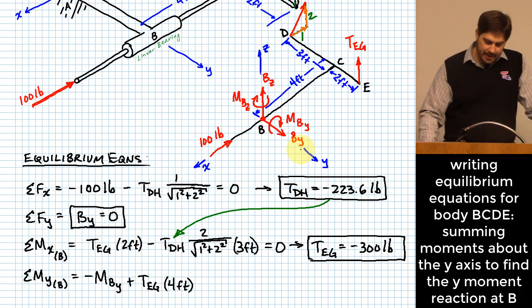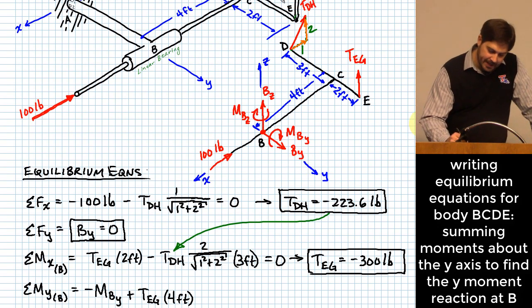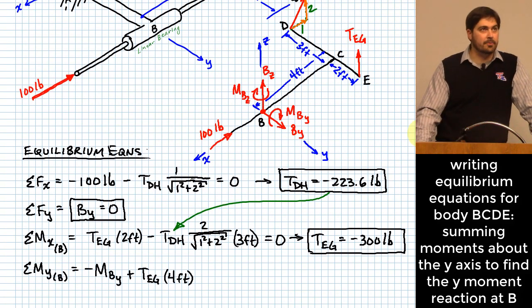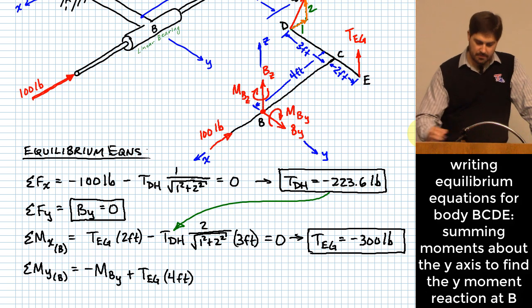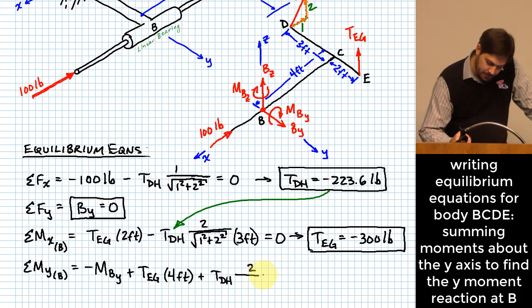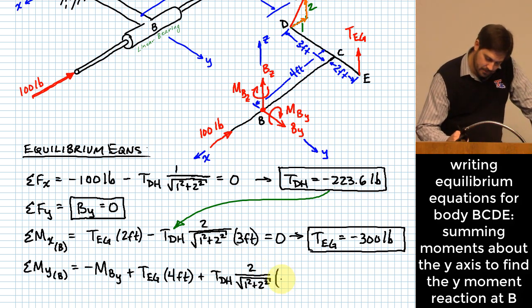Okay. I also need to account for the vertical component of TDH. What effect is that going to have rotationally around y? Okay, also positive. So I say plus TDH, but just the vertical component. So I multiply by 2 over square root of 1 squared plus 2 squared, and multiply that by what length?